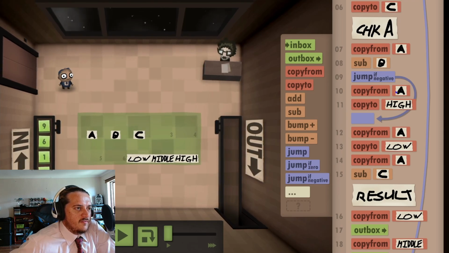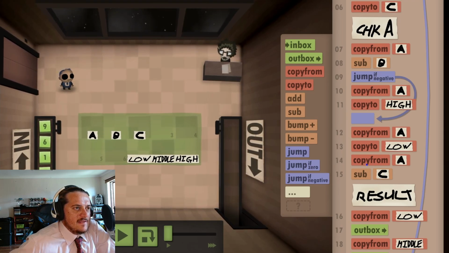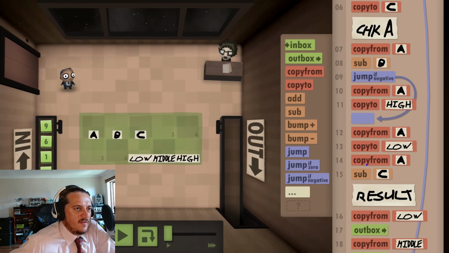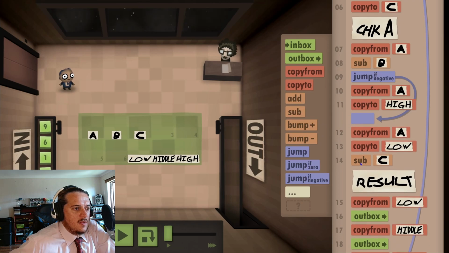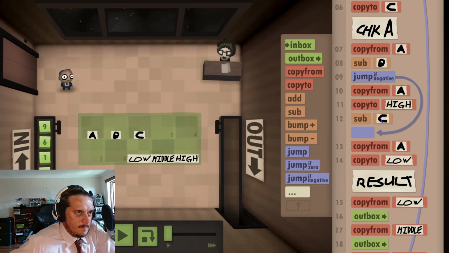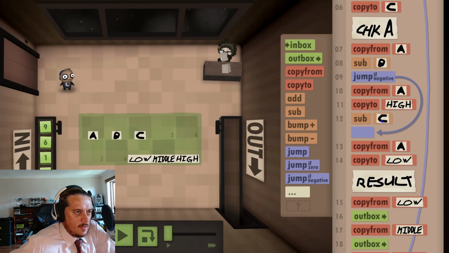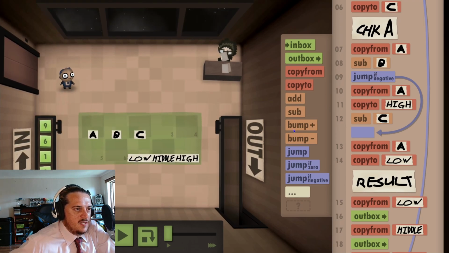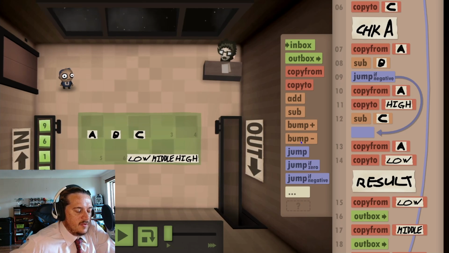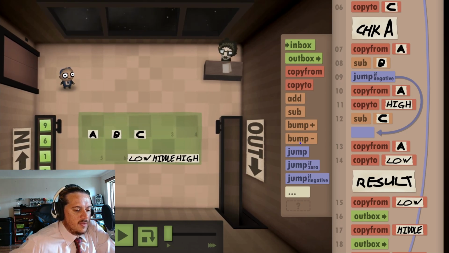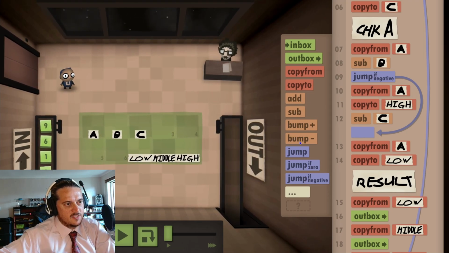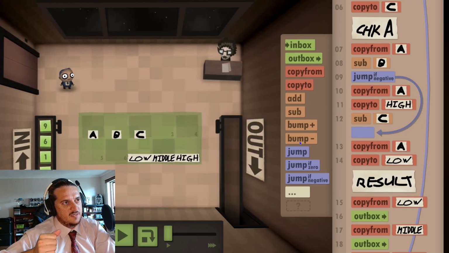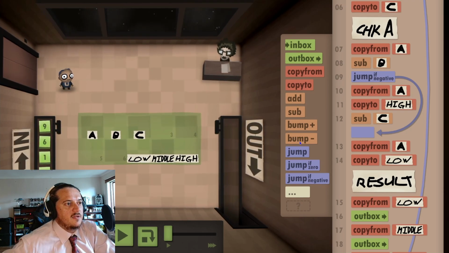So if negative, A is high, then we want to sub C, and if C is positive, then we know A is higher than C and B is the lowest, right?